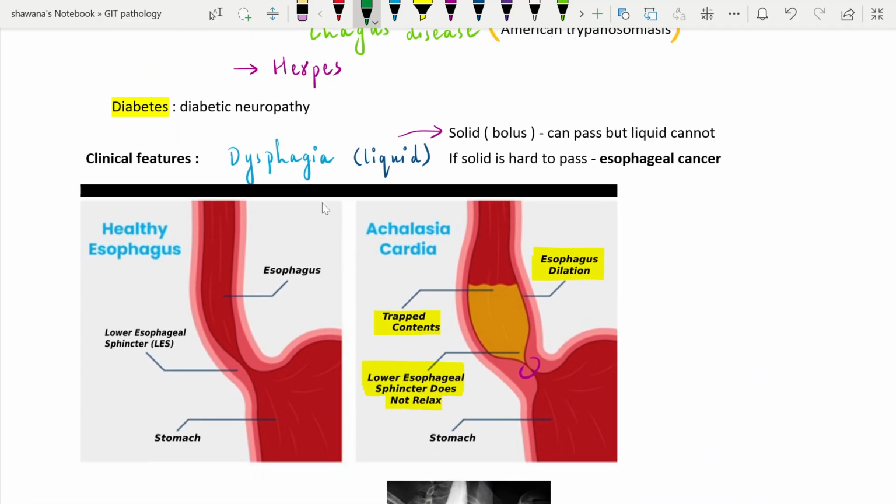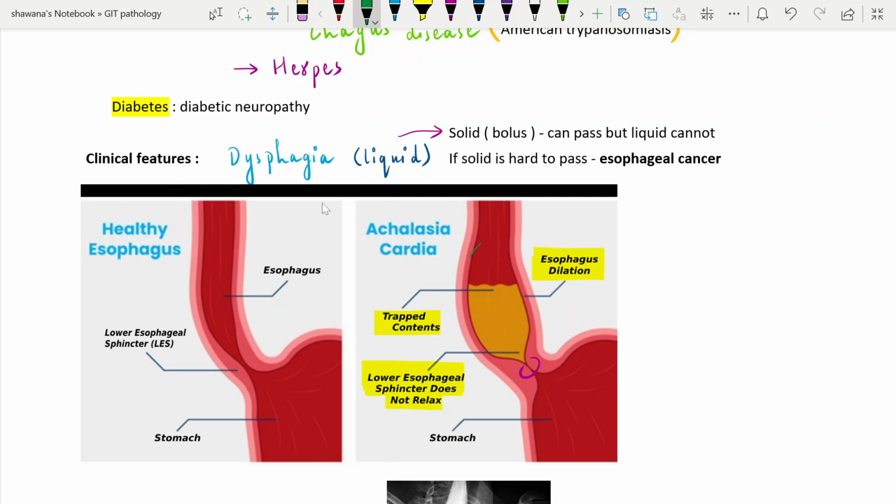What a patient presents with clinically is dysphagia. Dysphagia means difficulty in swallowing, but the most important thing to mention here is that liquids are more difficult to swallow, to pass, but solids can pass. Why is that so?